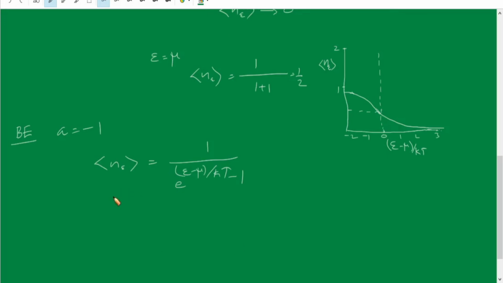But we have considered that in the Bose-Einstein case, we know the grand partition function Q. We have derived the grand partition function Q as the product of 1 divided by 1 minus z e raised to minus beta E.